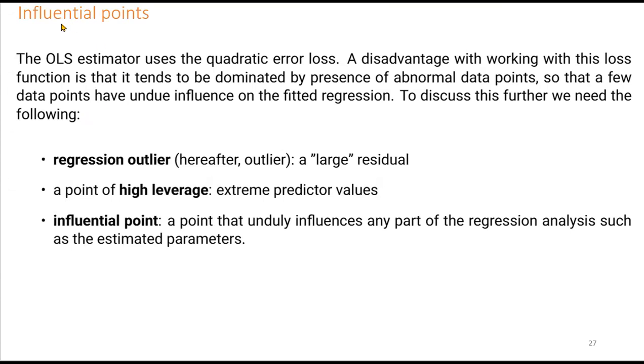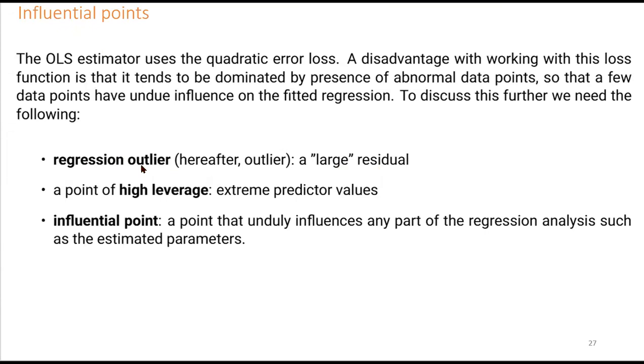Okay, so to discuss the influential points, we need to know what we mean by a regression outlier. A regression outlier is a large residual. Notice the word here, I put regression outlier, where it's clear that what we're dealing with is outliers in the regression model. We can just use the word outlier, but otherwise you should make it clear by saying regression outlier.